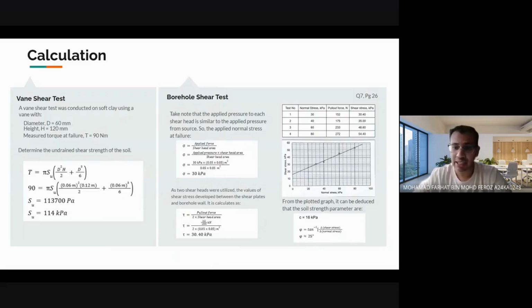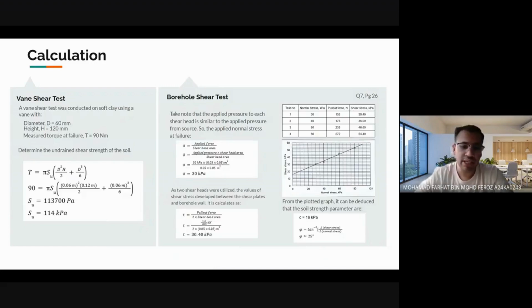From our test data, as the normal stress increased from 30 to 80, as we can see from the table, we saw a corresponding rise in pull-out force from 152 Newton up to 272 Newton. As two shear heads were utilized, the values of shear stress developed between the shear plates and borehole wall can be calculated using the formula of pull-out force over 2 times the shear head area.